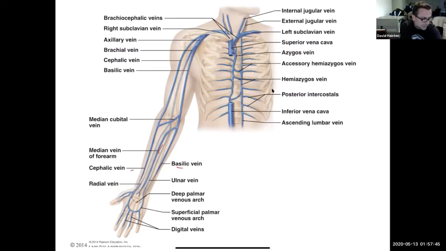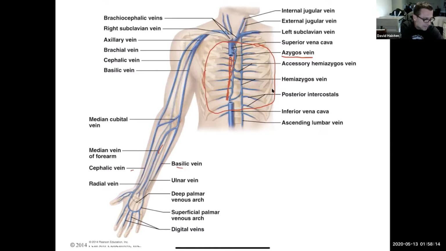Now for your thoracic region, what's draining this region, you have a couple strange veins here that are worth pointing out. On the right side of your thoracic cavity is something called the azygos vein. The azygos vein either passes in the front of the vertebral bodies, or it's on the right side.